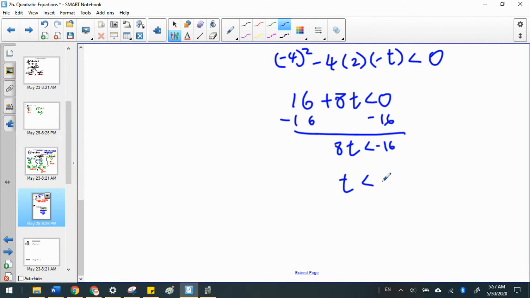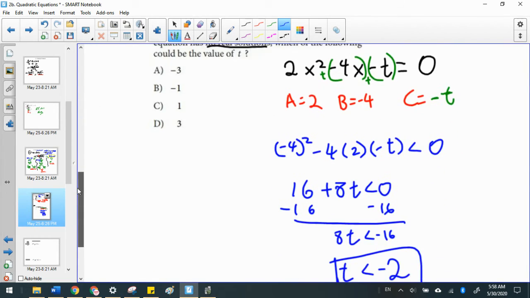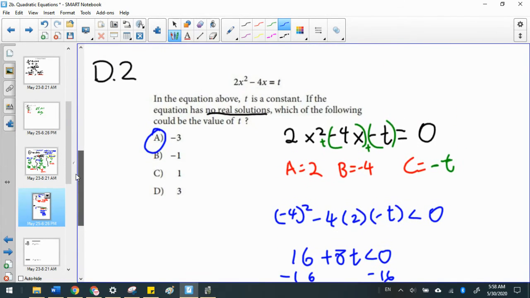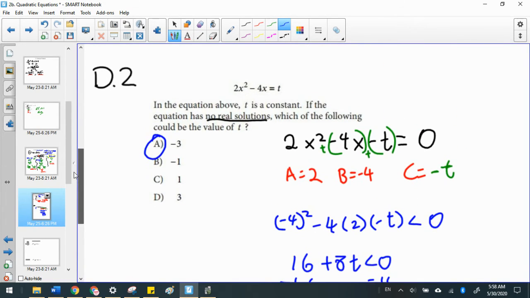So then t must be less than negative 2. And armed with that knowledge, I just need to find the only number for t that is less than negative 2, in which case negative 3 for option A is my final answer.